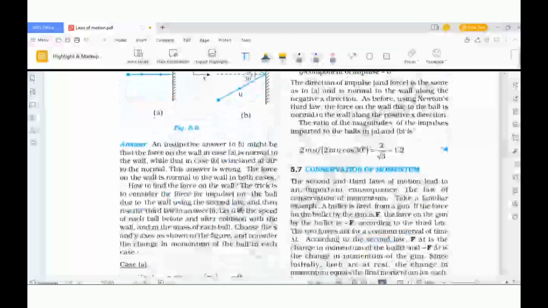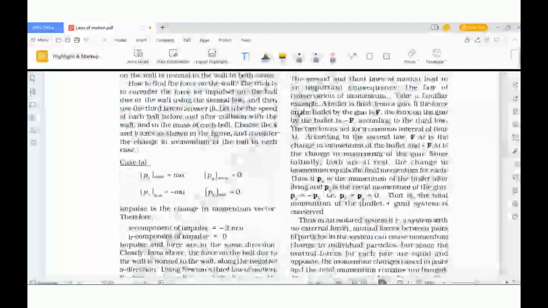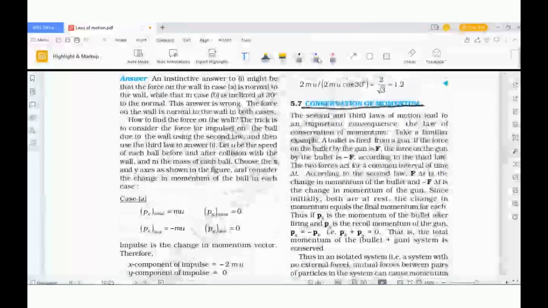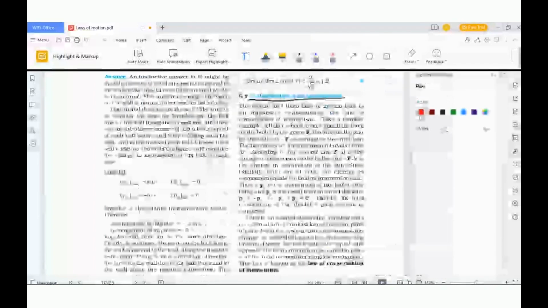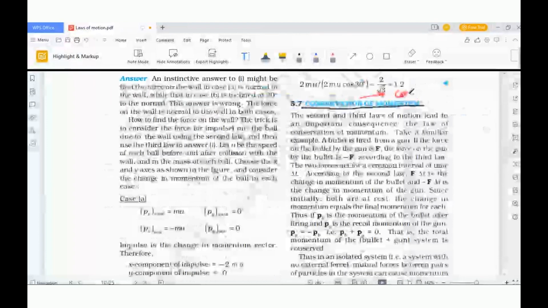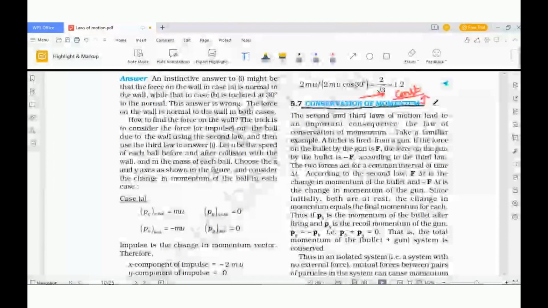Now this problem, we'll talk about it. But first I'll take up the conservation principle, then I'll come to this. So, conservation of momentum. What do you mean by conservation? Just now I told, it's nothing but something remains constant. Conservation means constant. What is constant here? Momentum is remaining constant.